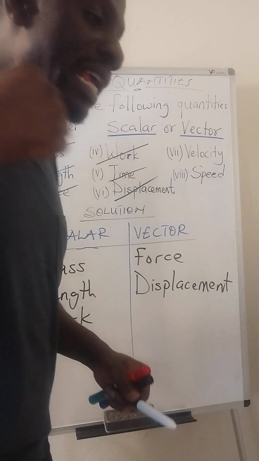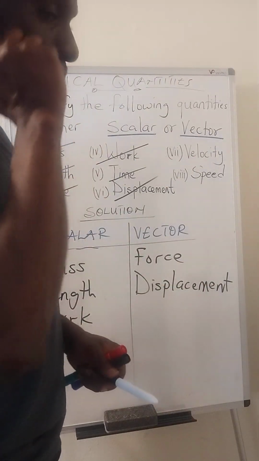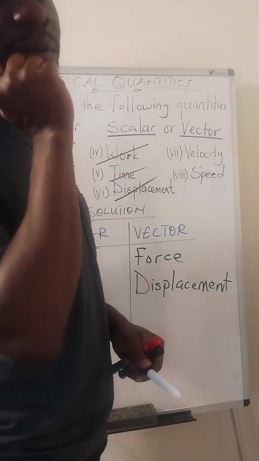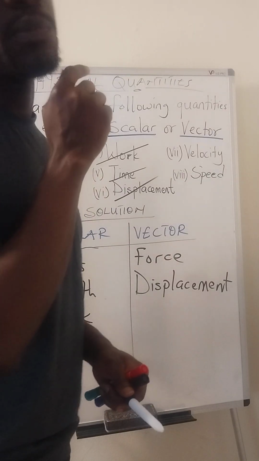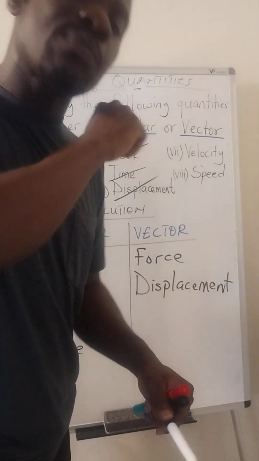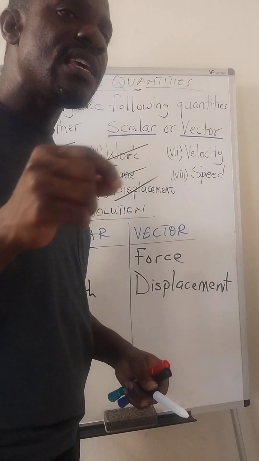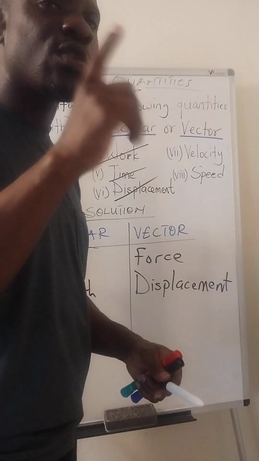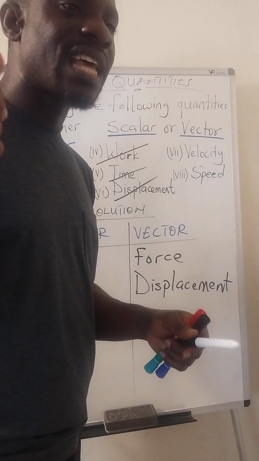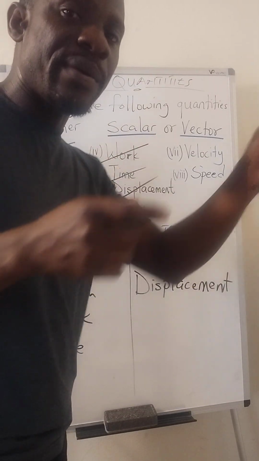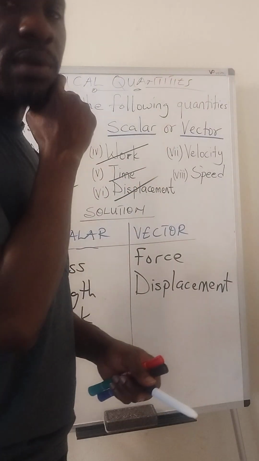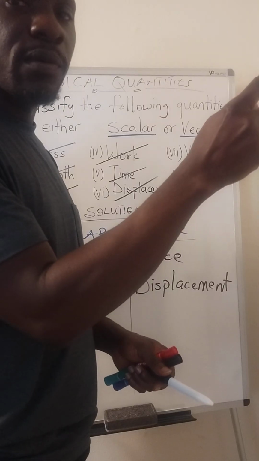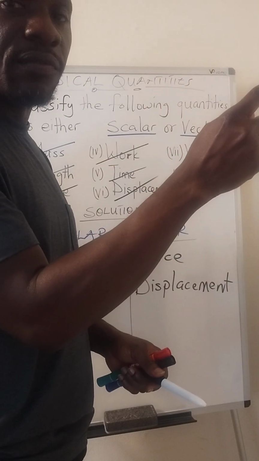And so I said in a specified direction. Take note, anytime you hear specified direction, then we are talking of velocity. If you don't hear the phrase in a specified direction, but you hear north, south, east, and west, northeast, or heading towards an angle, a bearing, then you should know that we have a particular direction that we are referring to, a particular frame of reference.